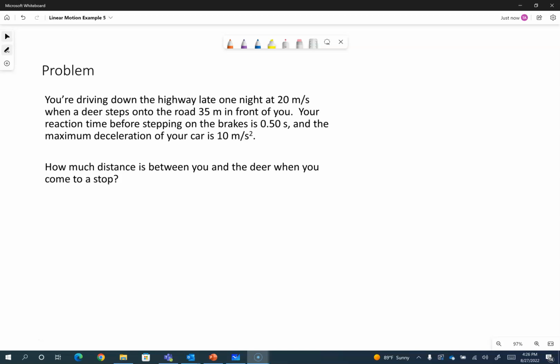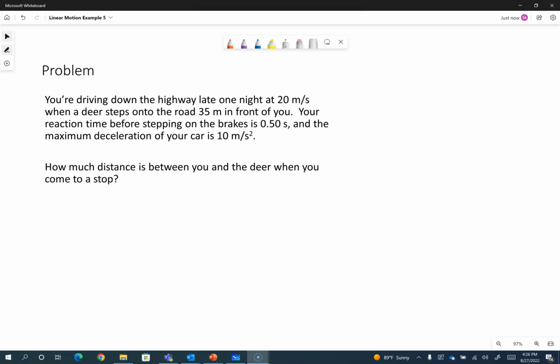I wanted to do a couple more examples that allow us to use the kinematic equations, but we can't use the kinematic equations, meaning the big three, in just one step, meaning for the problem as a whole. So reading through here, we're driving down a highway late one night at 20 meters per second.